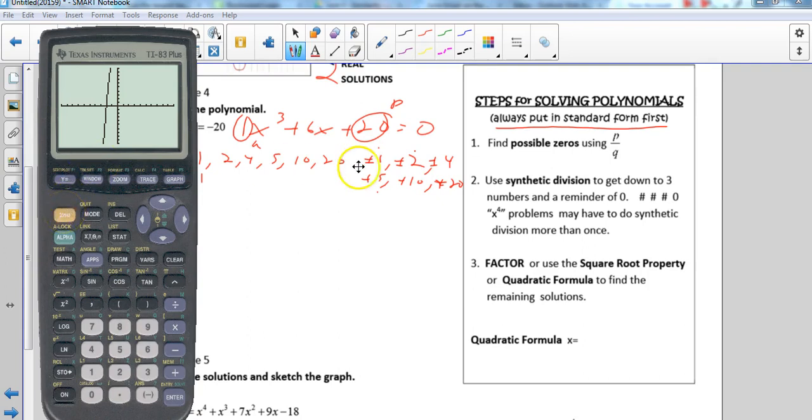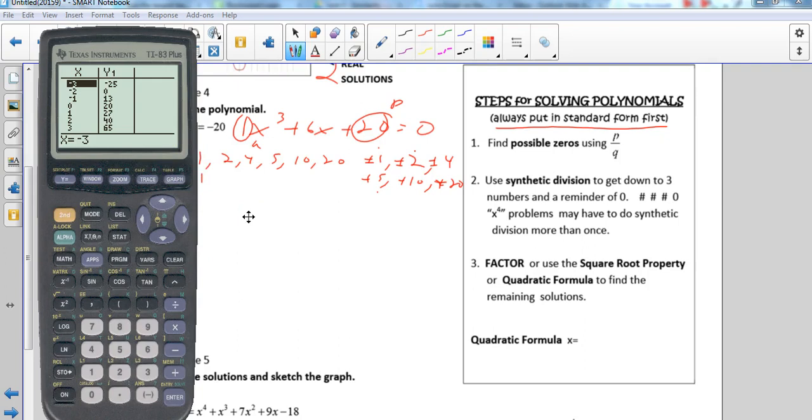It could be a fraction. In this case, we know it's not going to be, but in other problems, we never know if it's one of those, and it will not show up in the table if it is a fraction, because these are all whole numbers. We could change it to find fractions, but we can't find every fraction. But it tells me right there, there's my number, my solution, -2.